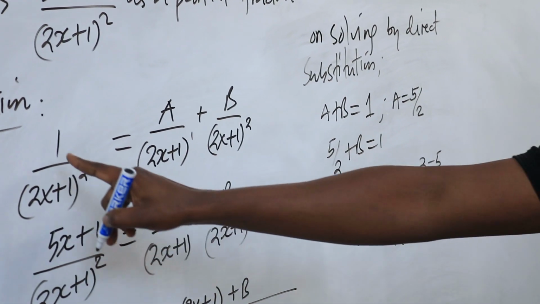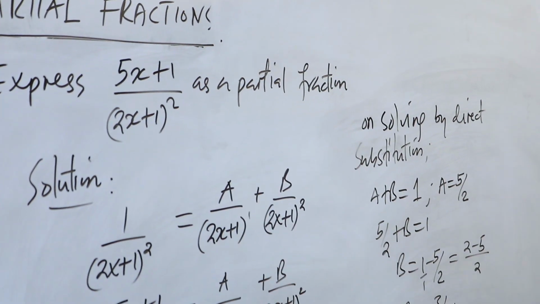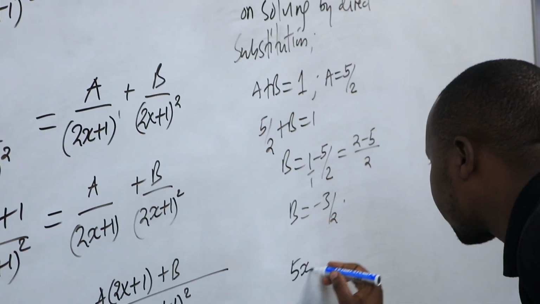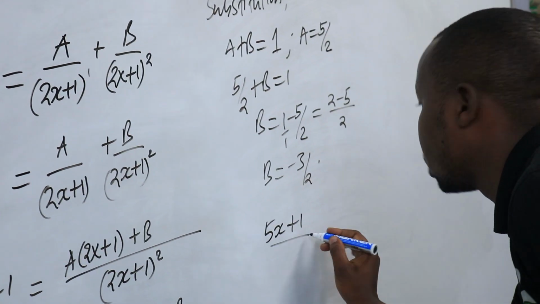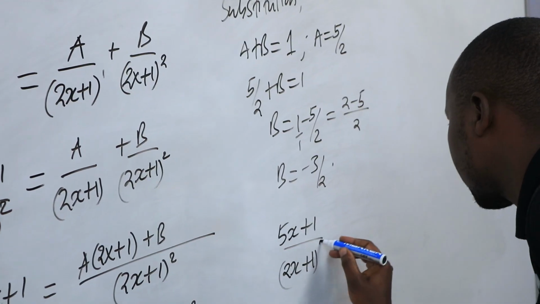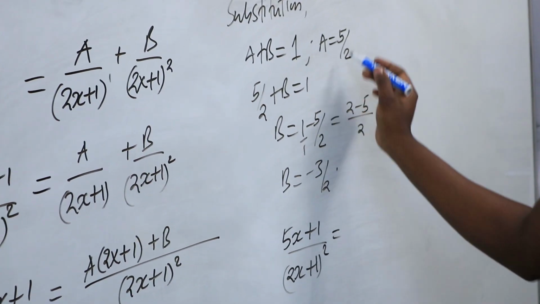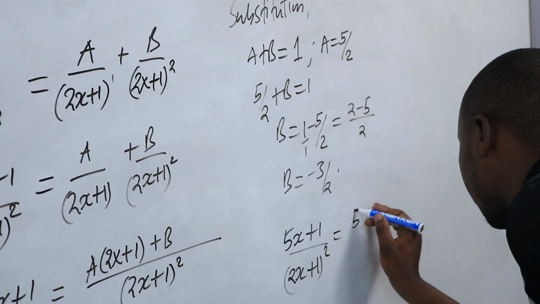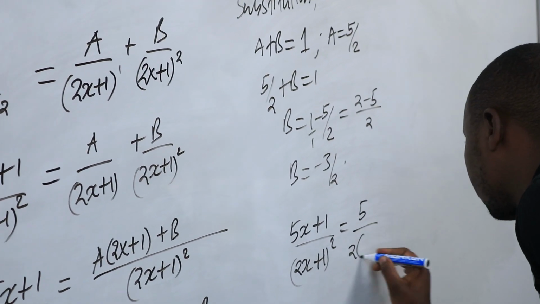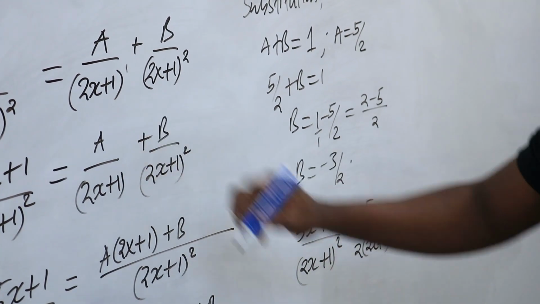So from our problem here, this complex algebraic expression, that is (5x + 1) over (2x + 1)², equals to what? Now the value of A is 5 over 2. So it becomes 5 over 2 times the (2x + 1), this one here.